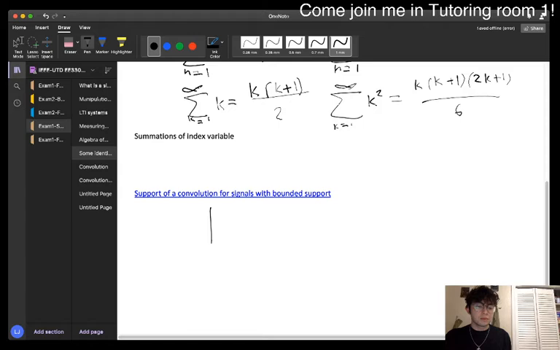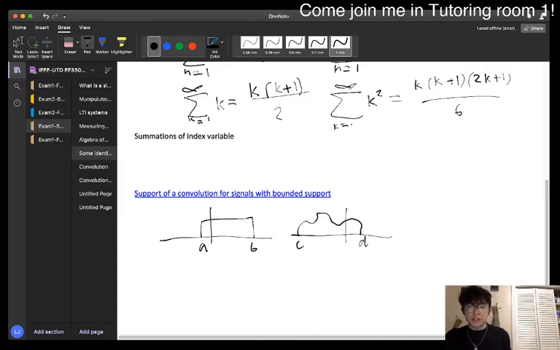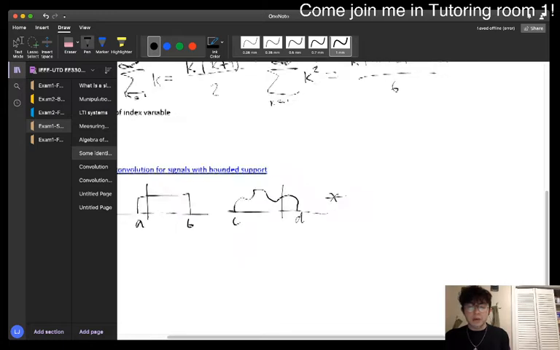Basically, if we have a signal with a bounded support, so say this box which goes from A to B, and we have some other signal that also has a bounded support, this one from C to D, then the convolution of them is going to have the bounds A plus C and then B plus D, and then it's going to have some behavior in between there.